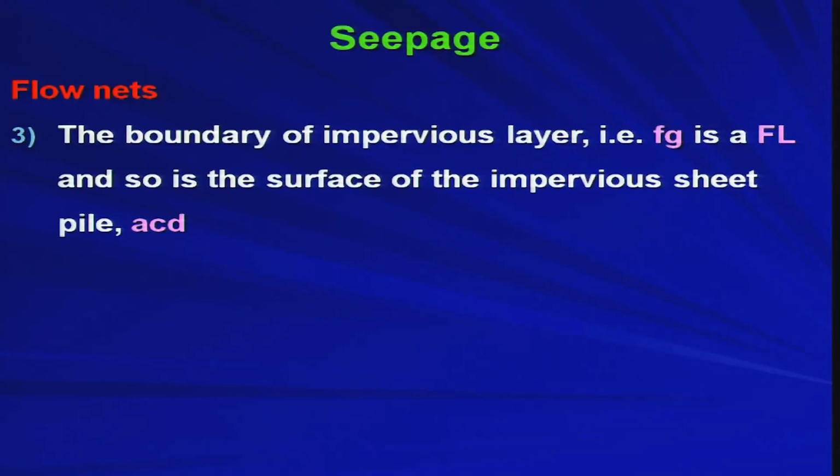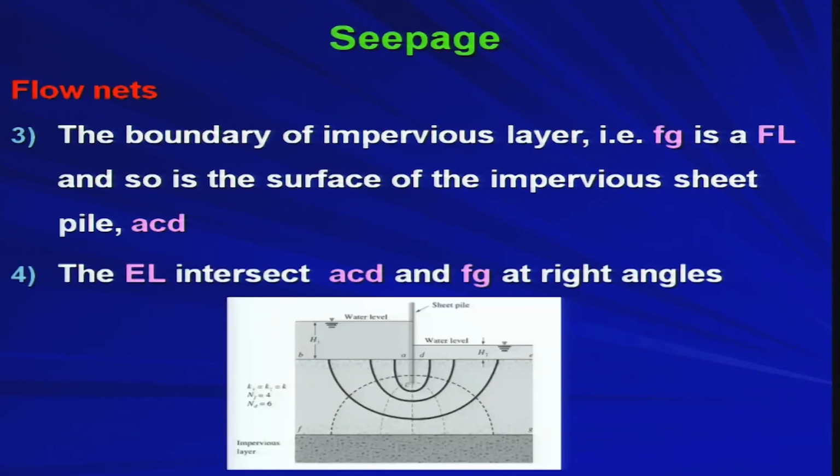So, the boundary of the impervious layer. If I put the figure once again, the boundary of the impervious layer, that is FG. So, this is your boundary of the impervious layer, FG is a flow line, right. Do you agree?